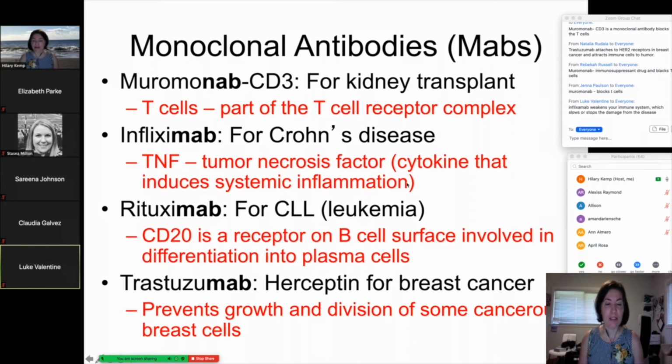Not entirely clear why people get it, but there's genetic factors, environmental factors, and mysterious factors. But by reducing inflammation, you can reduce the severity of this disease.